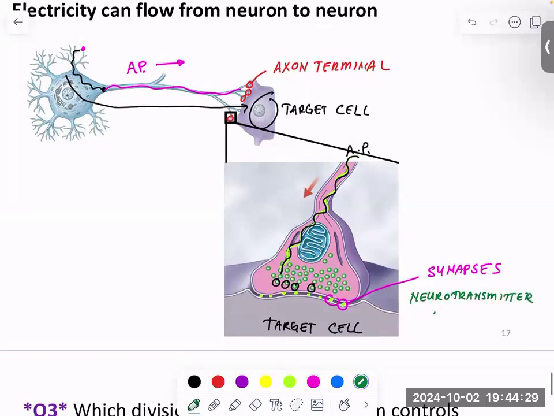It is usually a chemical signal between the two cells. I think we already talked about one very common neurotransmitter, acetylcholine, that allows the neuron to communicate with its next target cell, whatever it may be. It could be a muscle cell, another neuron, or a gland.